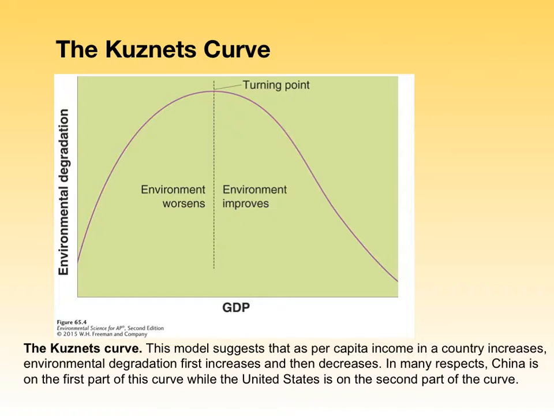But it's also possible that there are certain problems that cannot be solved simply with greater wealth. As countries become wealthier, residents tend to use more fossil fuels, they tend to travel more, and so they consume more resources, and this just generates more waste. Sometimes less developed countries experience technological leaps without having to go through this phase of development. These kinds of changes may influence the shape of the Kuznets Curve and how something is characterized in any given situation.